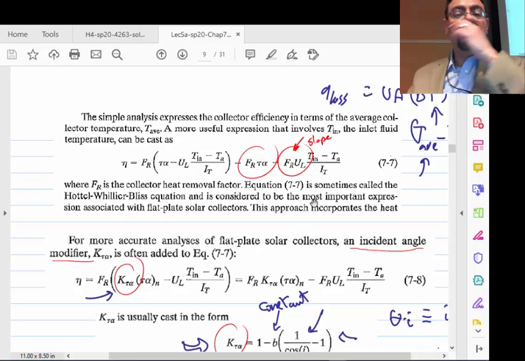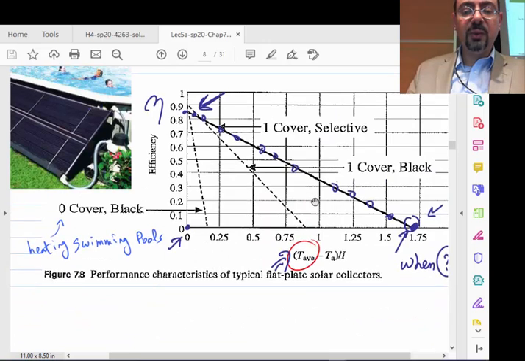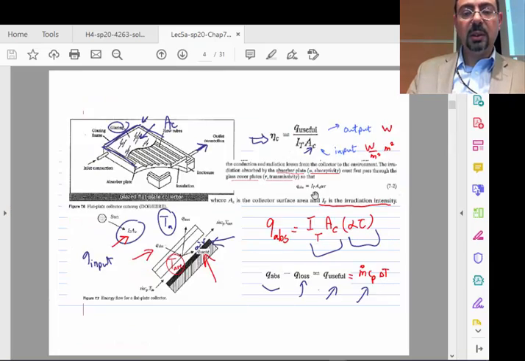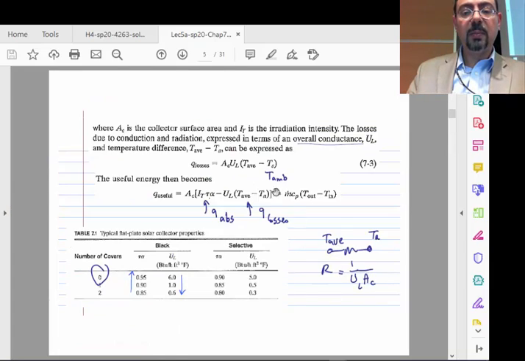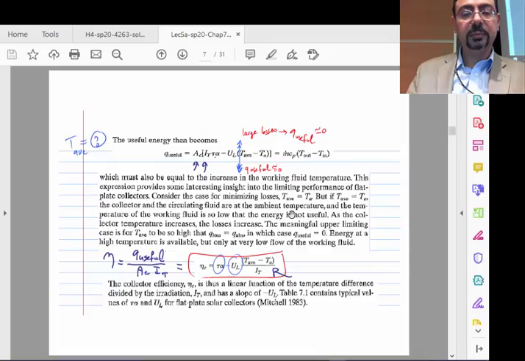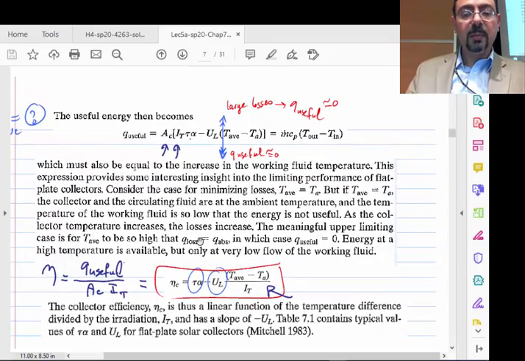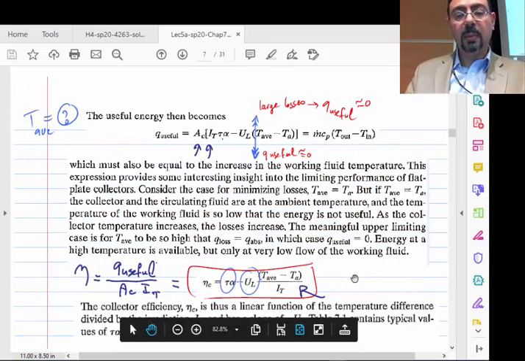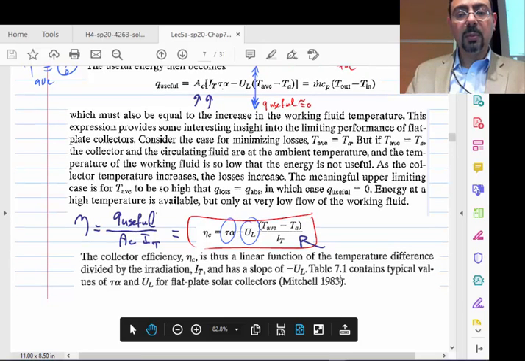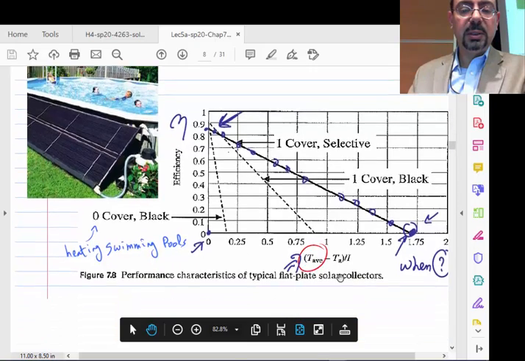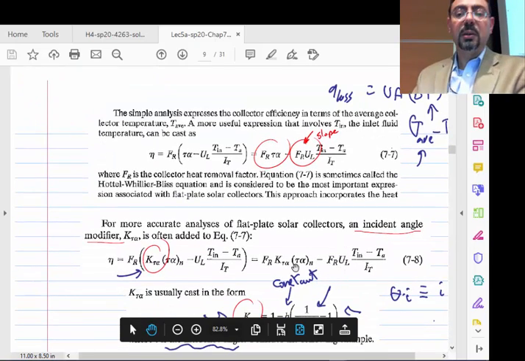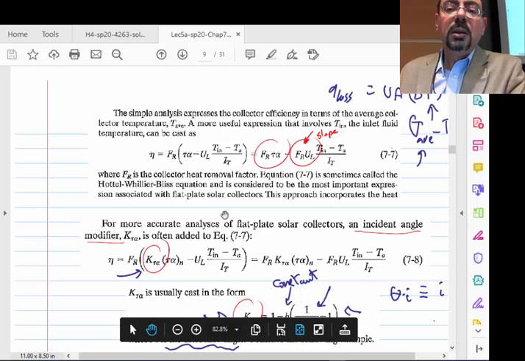Okay, and the FR, it was defined, I guess, earlier here. I guess the first time we saw it is here. So what is the FR?